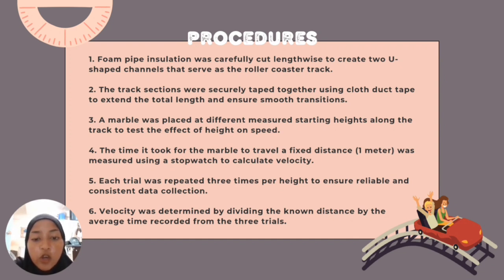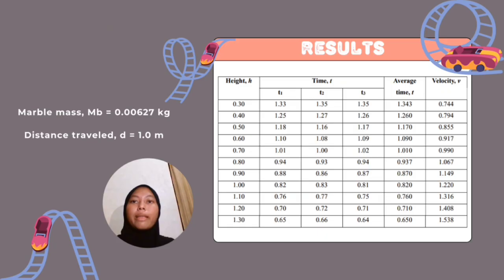Each height trial was repeated 3 times to ensure consistency and reliability. Finally, we calculated the marble velocity by dividing the known distance by the average time recorded for the 3 trials. This process helped us analyze the relationship between the release height and the resulting speed of the marble.